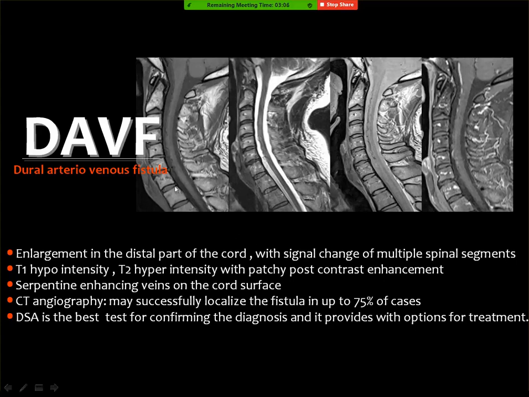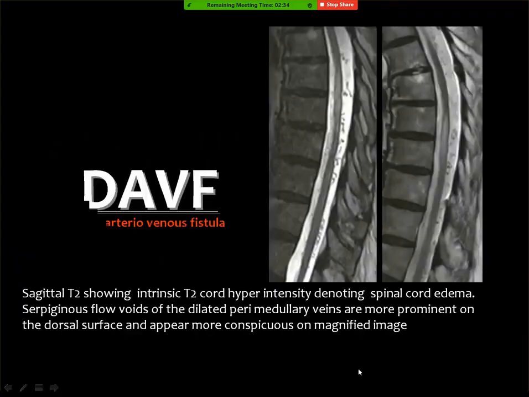But if you look carefully in the T1 and you see this vessel, which is abnormal, and in the T2 weighted image, which is an important factor, you can see that the cord is not normal. The cord is edematous or ischemic. And in the gradient image, which is better for detection of the vessels, you can see clearly enough the vessel. And after injection of contrast, you can see the enhancement.